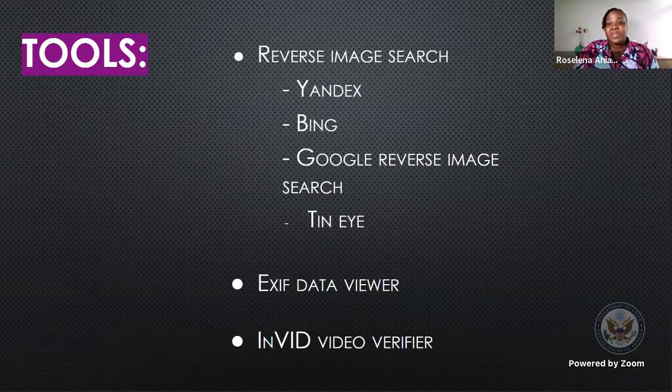So let's get into some of the tools. We'll look at reverse image search with Yandex, Bing, Google Reverse Image Search, and TinEye. We'll look briefly at EXIF Data Viewer, and then InVID Video Verifier.